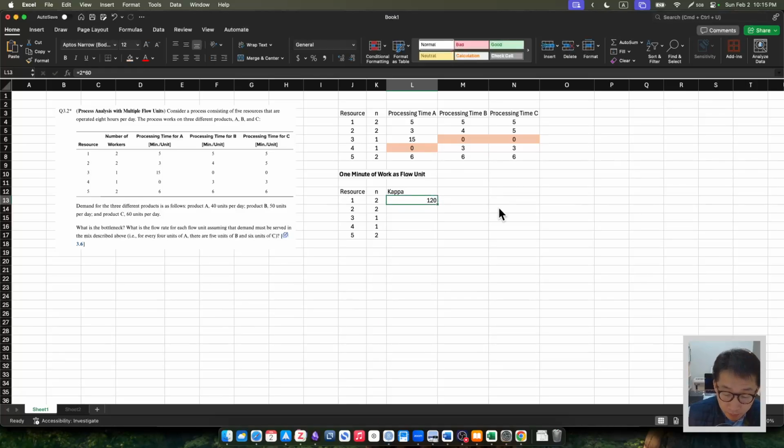Oops, I should reference this. Okay, because this is our capacity of each resource.